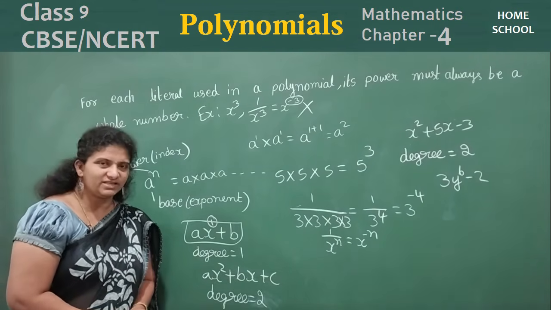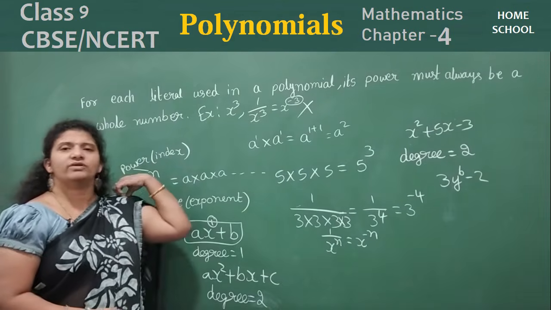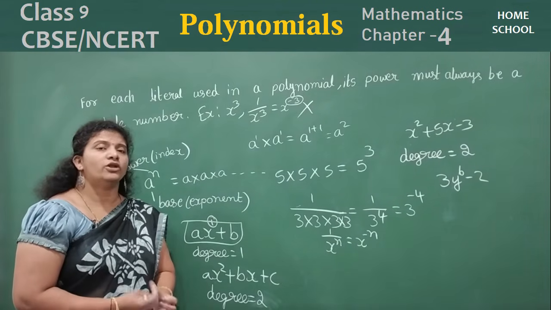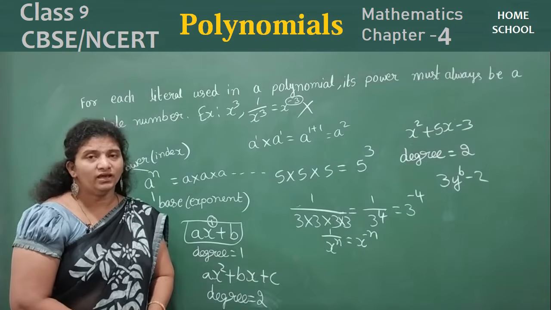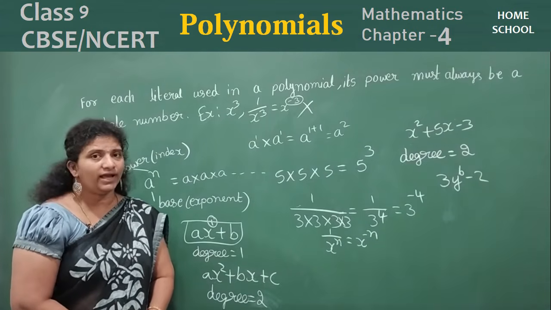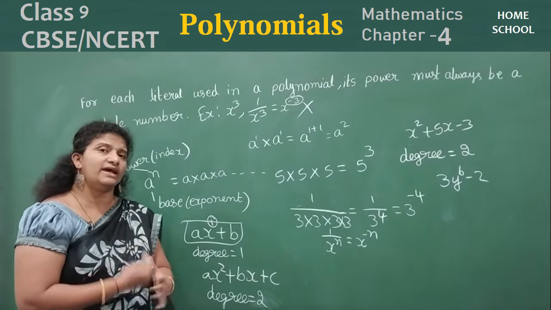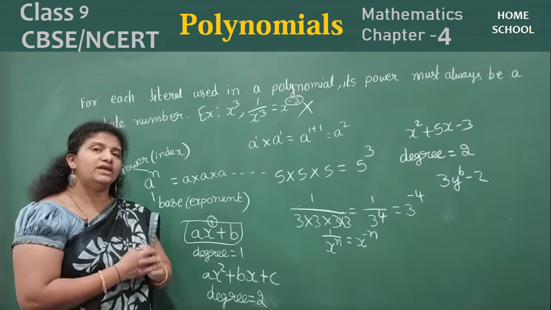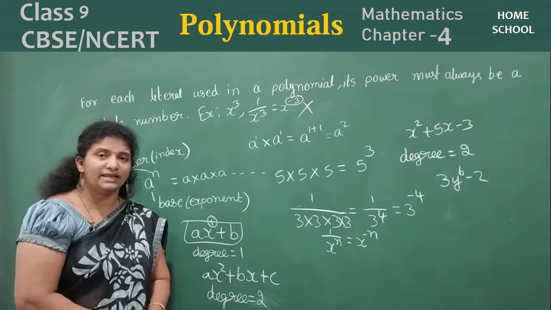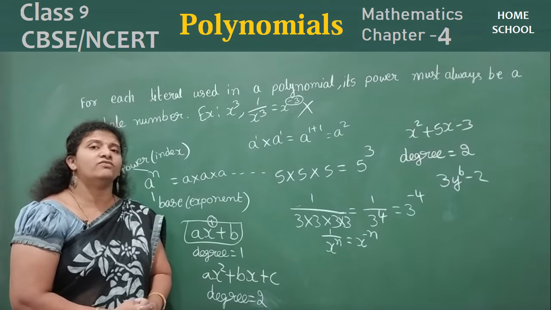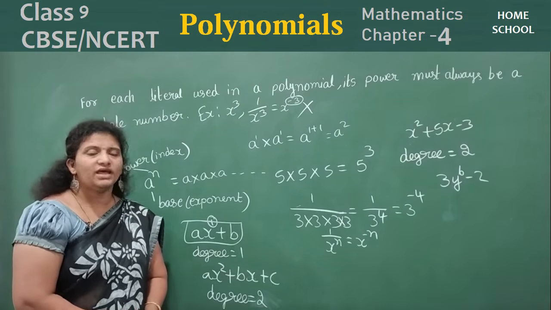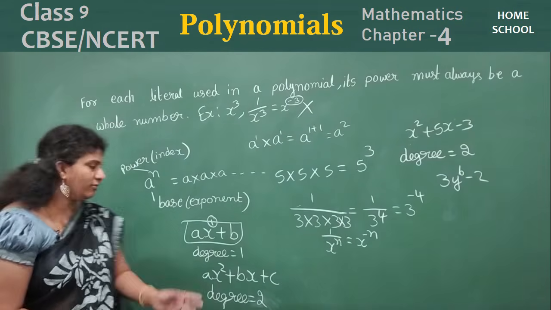Once again, children, all these are the polynomials we have discussed, right? A polynomial's power can never be an integer or a negative value. The highest power of a polynomial we call its degree, and if the degree is 1 we call it a linear polynomial. If the degree of an equation is 2, then we call it a quadratic polynomial.